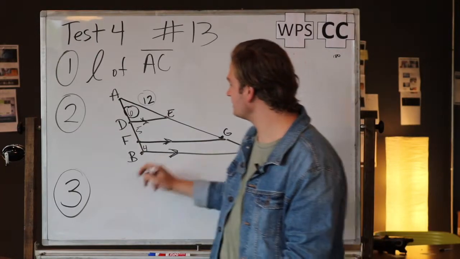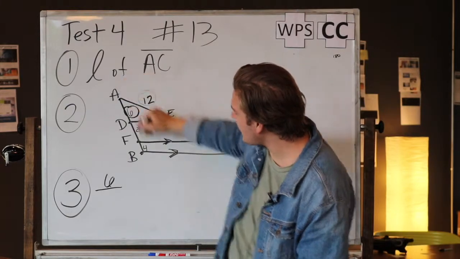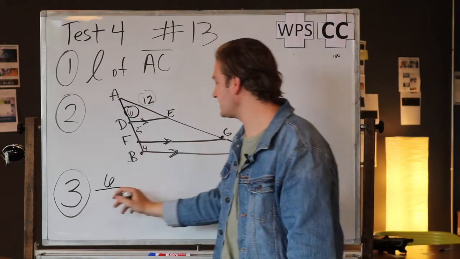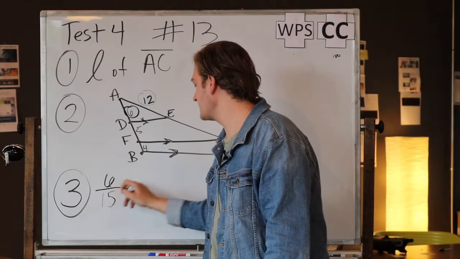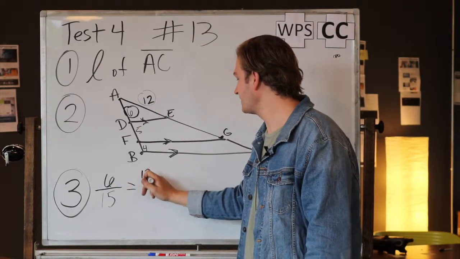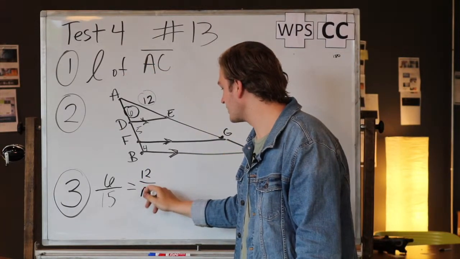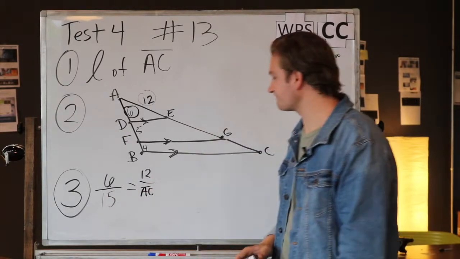So here's what I'm going to do. 6 over the entire length of this side, which we said is 15, is equal to, for our proportion, 12 over the entire length of this side, which we call AC.